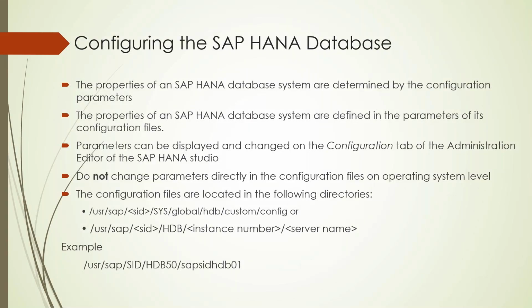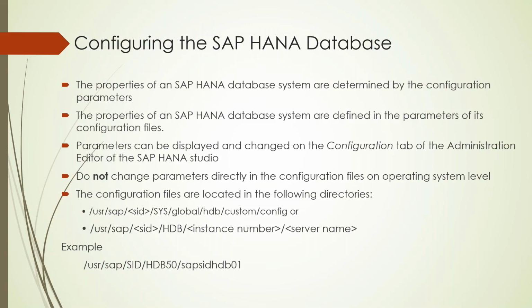Okay, the configuration of the SAP HANA database, I will explain that later. So, how to configure the database? In the HANA database, we have INI files for each and every service, like the index server, the name server, the pre-compiled server, the daemon services.